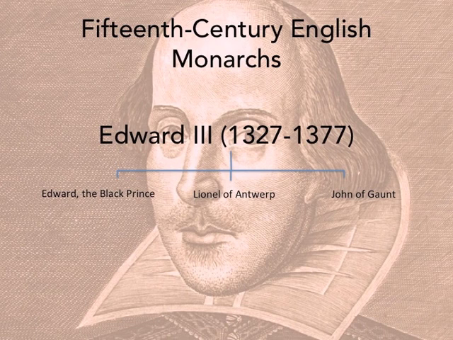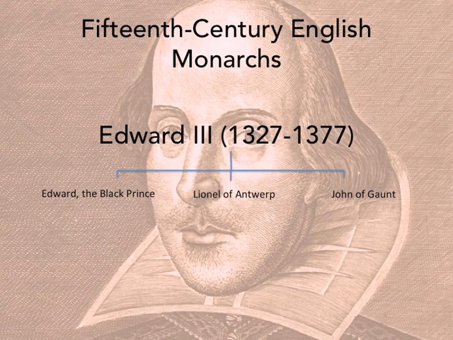But because Edward lived so long, his eldest son, also known as Edward, sometimes known as Edward the Black Prince, had actually already died before Edward III, the king, died. Edward also had two younger sons. Their names were Lionel, usually known as Lionel of Antwerp, and John, usually known as John of Gaunt. He's also known as the Duke of Lancaster, and that's going to be kind of important later.